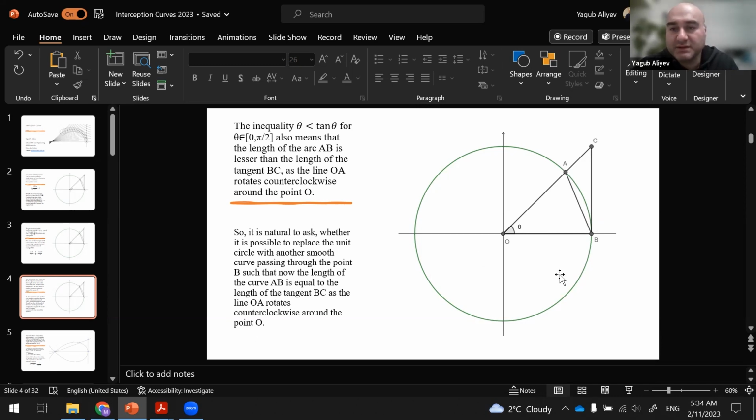So the question is to change this green circle with another curve so that the length of arc AB is now equal to BC. Is there such a curve?